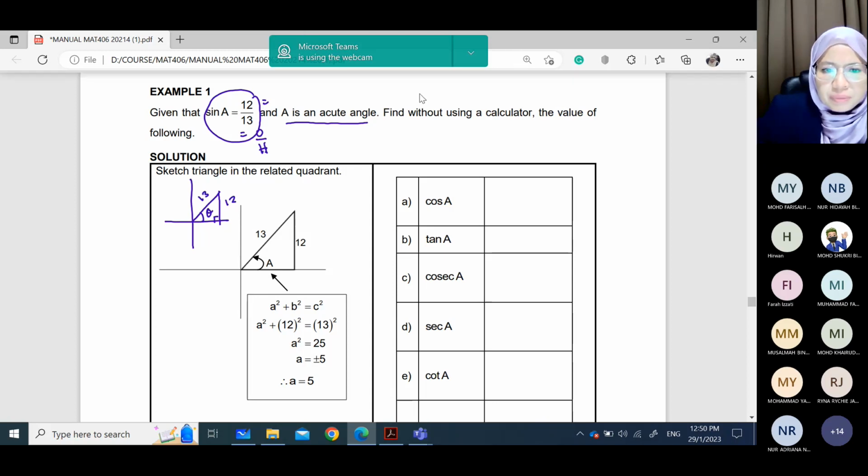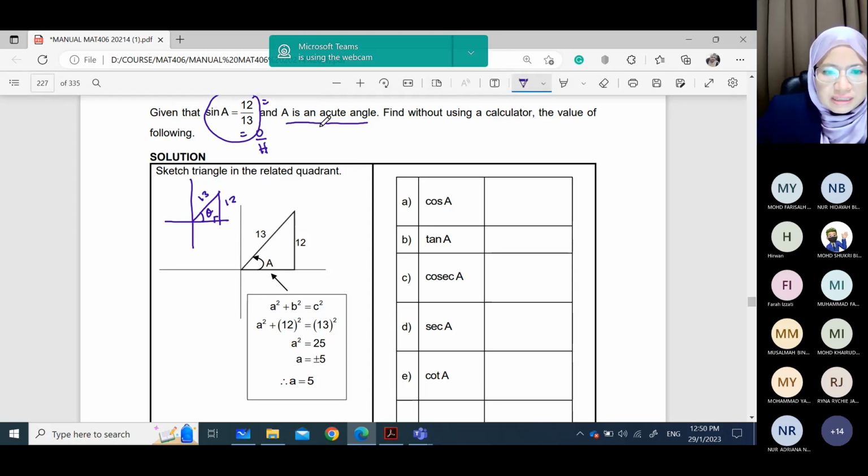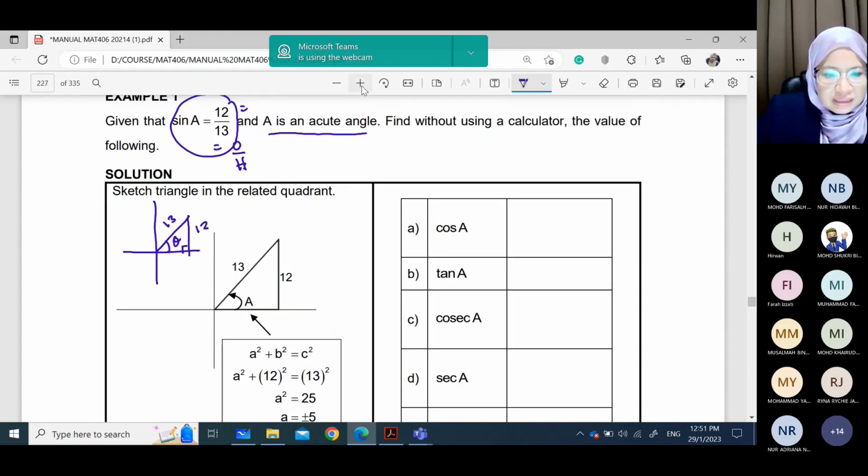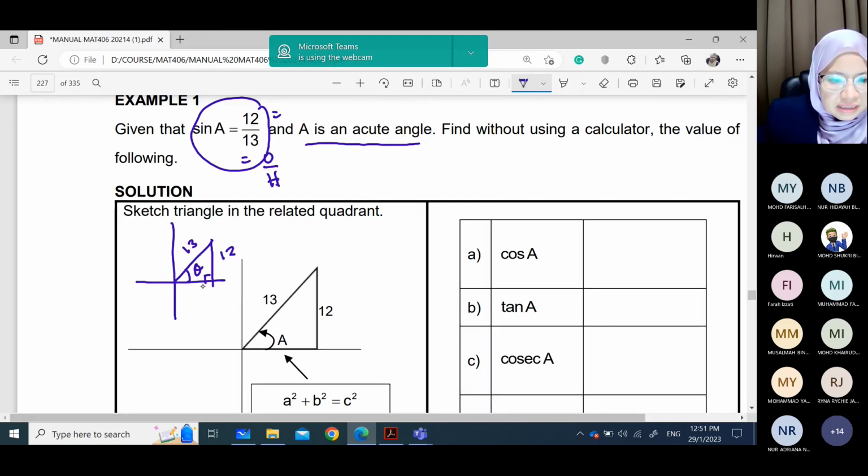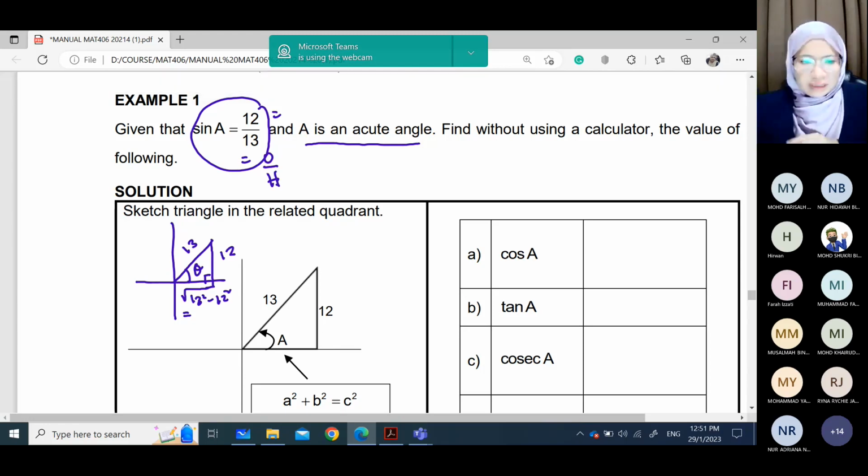So untuk this side berapa? Untuk yang adjacent. Adjacent adalah kat sini square root 13 squared minus 12 squared. So you akan dapat length bagi adjacent. Okay. So square root 13 squared minus 12 squared is 5.